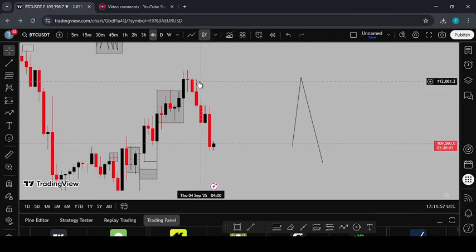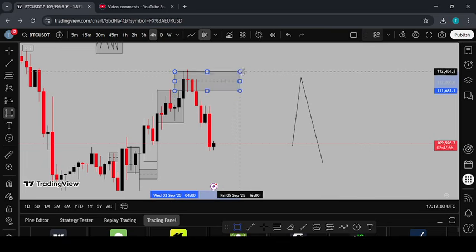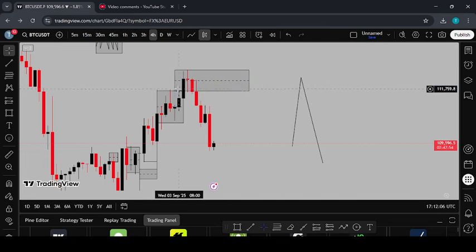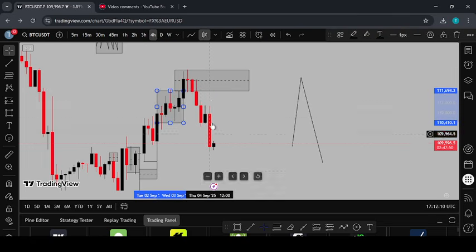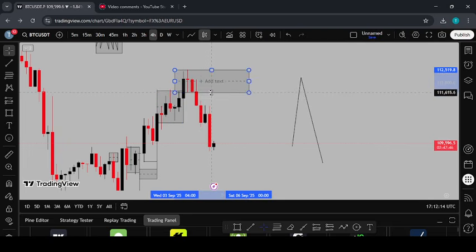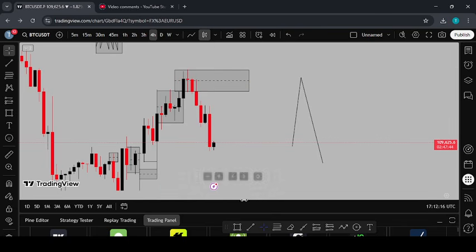You see this 3 candle move, 1 2 3, has created a particular supply zone here, right? Then market sold aggressively, creates an internal structure. You can see a fair value gap just below your point of interest, right?